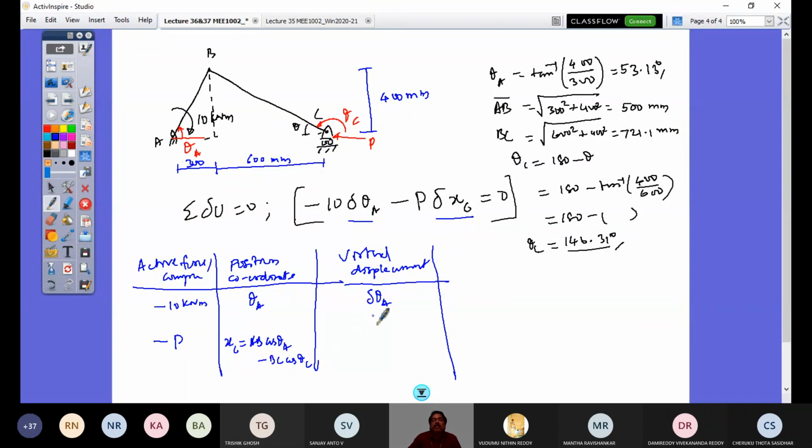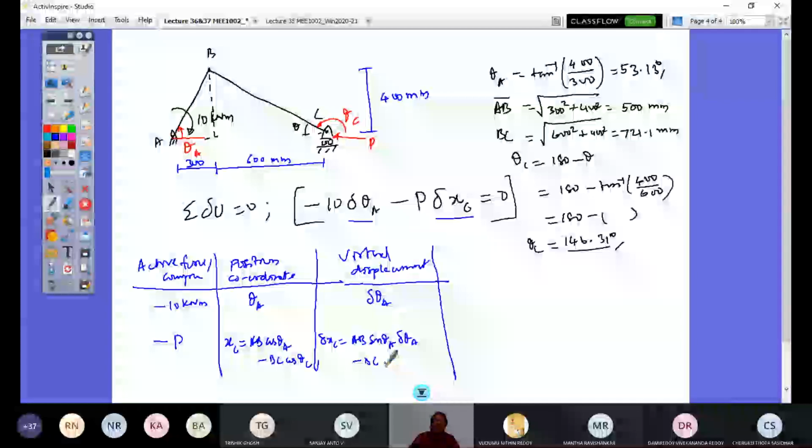So what is my virtual displacement? That would be delta XC, which will be AB sine theta A into delta theta A minus BC sine theta C delta theta C, right?